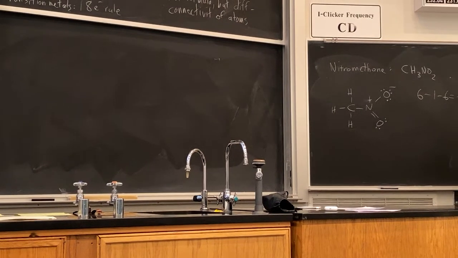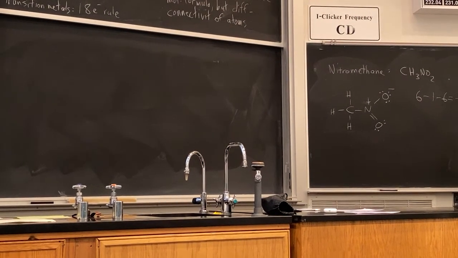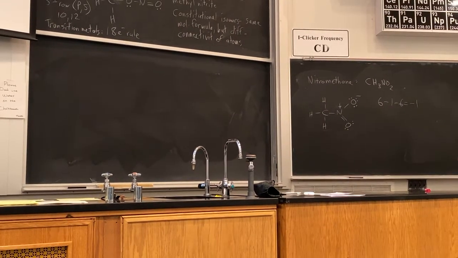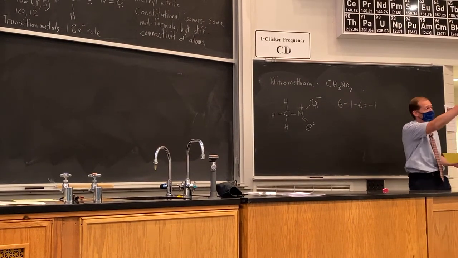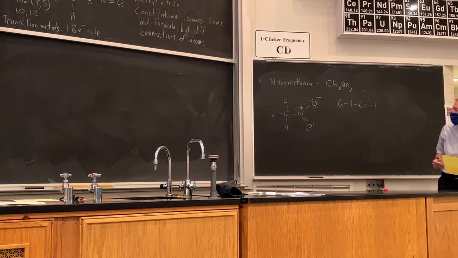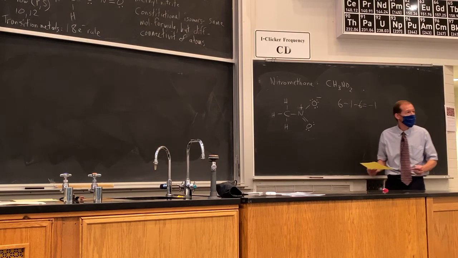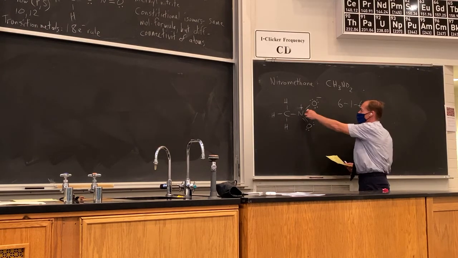Can we draw a resonance structure of nitromethane? Who can raise their hand and tell us how we would do that? Yes, please. Okay, so we would have a double bond here instead.